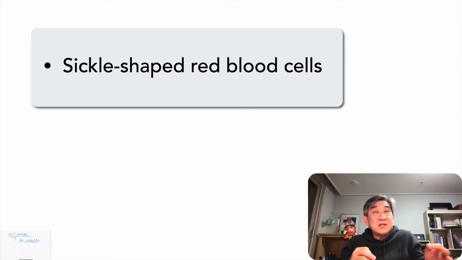Not to mention that inside this deformed cell, the functioning hemoglobin cannot provide any oxygen carrying. So you are in serious trouble. That's why the disease is called sickle cell anemia. Anemia means a lack of blood, but it's not actually a lack of blood. Your red blood cell number is perfectly fine, but they simply become obsolete. That is the problem.